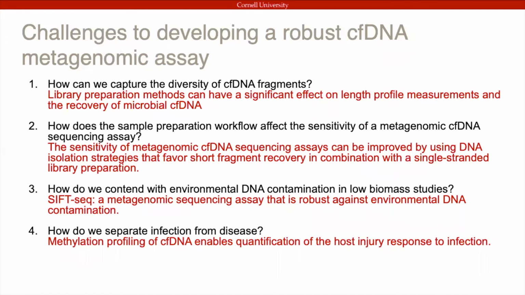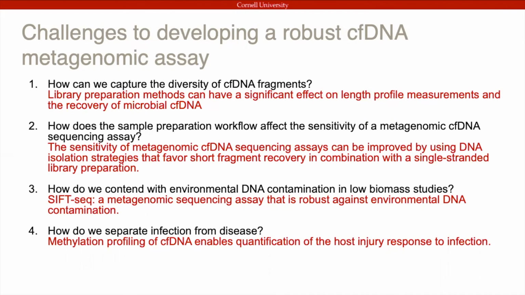For cell-free DNA, which can exist in many different degraded states, single-stranded library preparations really outperform conventional double-stranded library preparations. And not only that, at least for metagenomic cell-free DNA sequencing assays, the sensitivity is really dependent on the recovery of short fragments, which are related to the fragment length profile of microbial cell-free DNA.